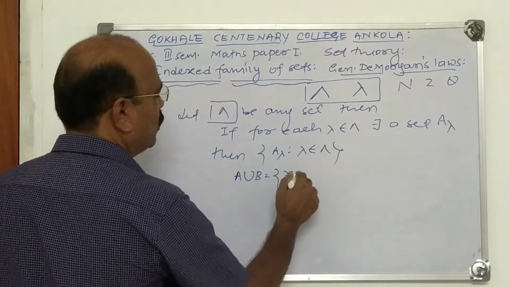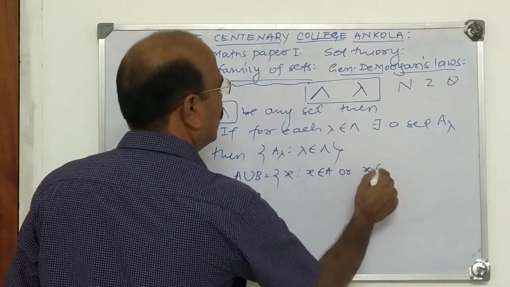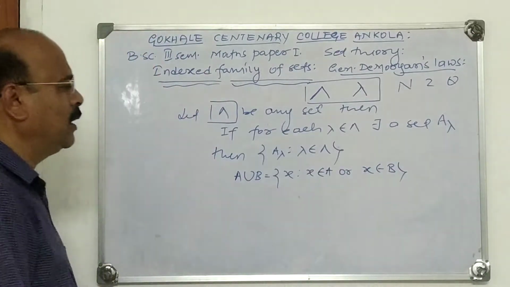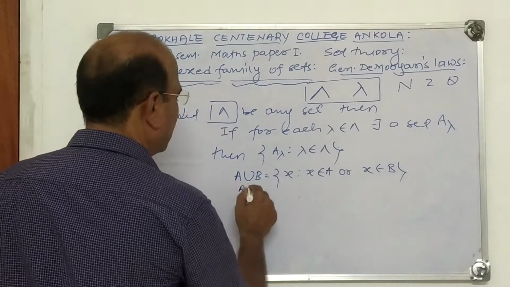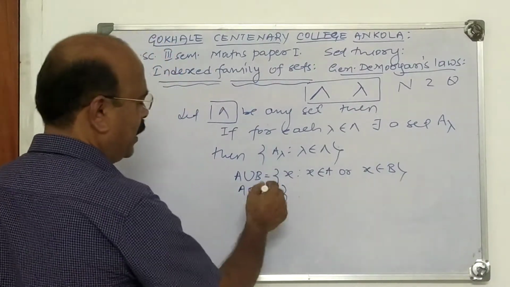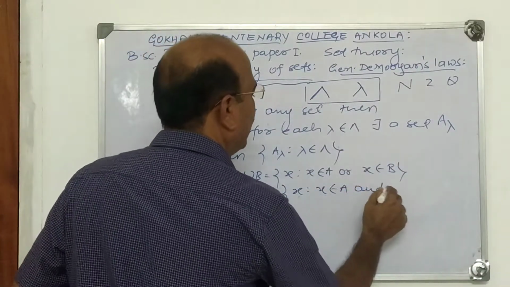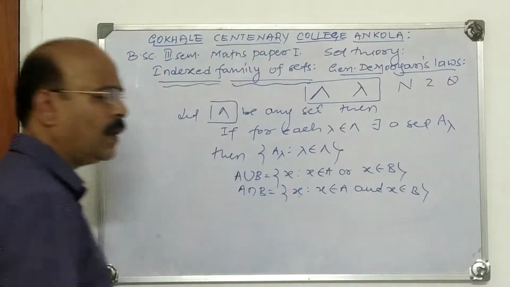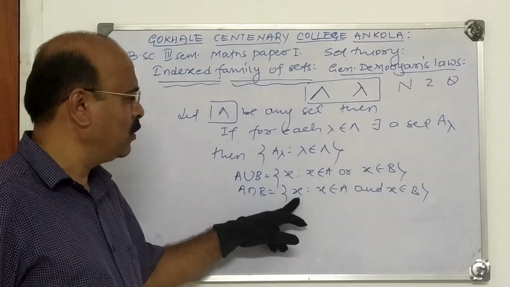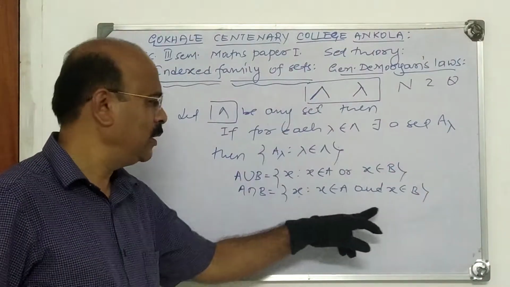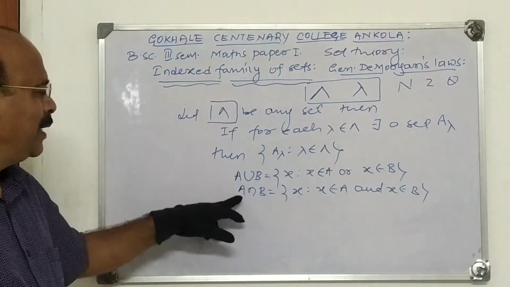A union B is the set of all x such that x belongs to A or x belongs to B. That means if it is either in A or B, then it belongs to A union B. A intersection B is the set of all x such that x belongs to A and x belongs to B. That means if x belongs to both A and B, then it belongs to the intersection.